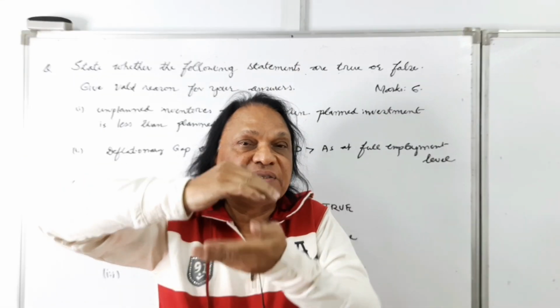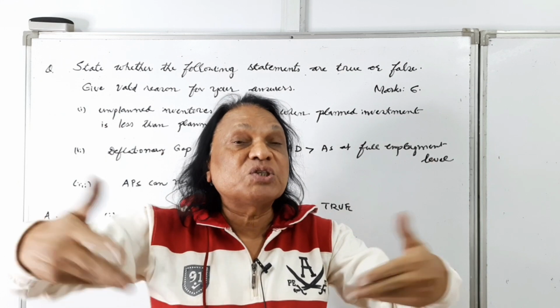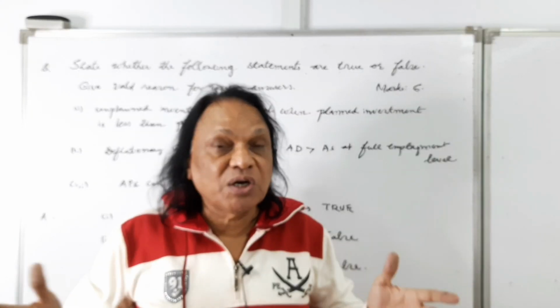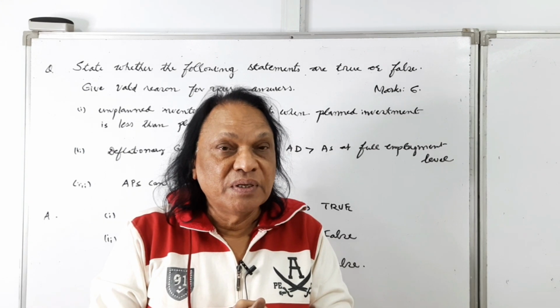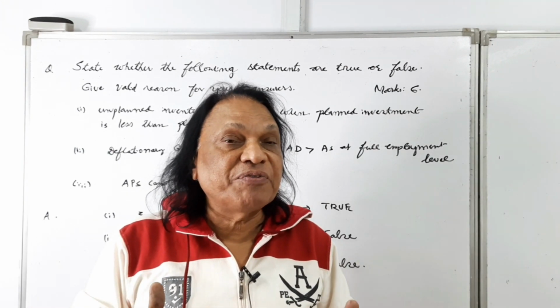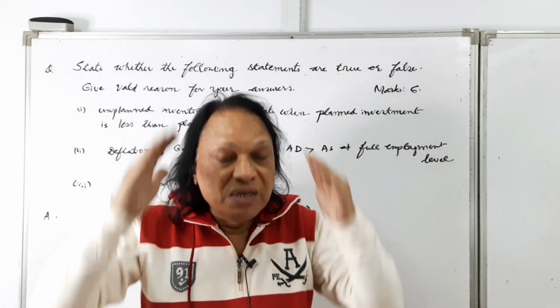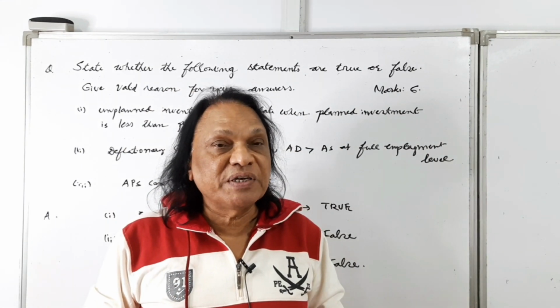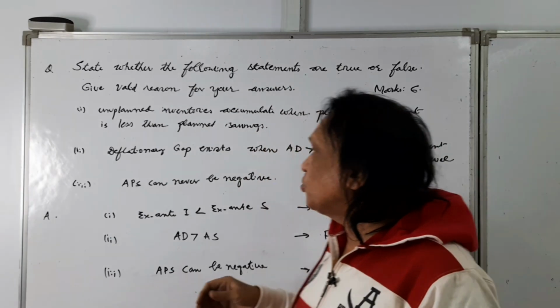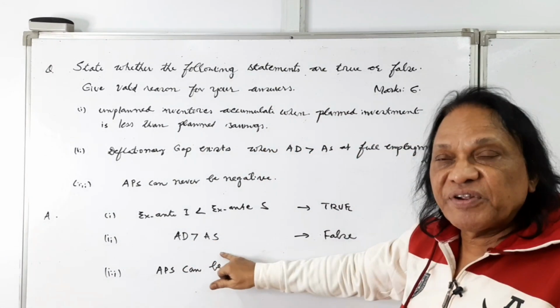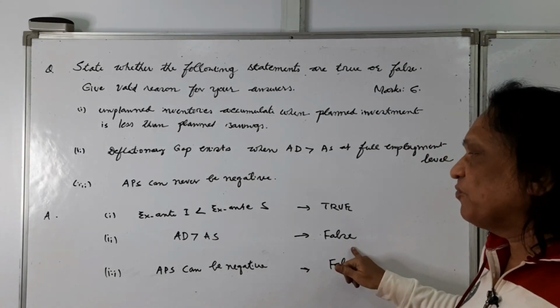Only this much supply is there, demand is more, so it leads to inflation. Whenever demand is more than supply, obviously it leads to inflation in the economy. At the full employment level, if aggregate demand is less than aggregate supply, demand is not there, so prices will come down and it leads to deflationary gap. If AD is greater than AS, it leads to inflationary gap, so the statement is false.